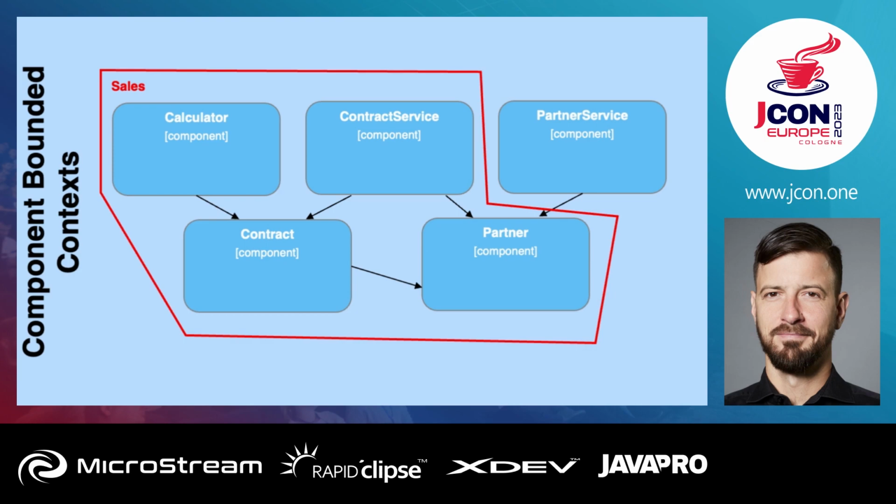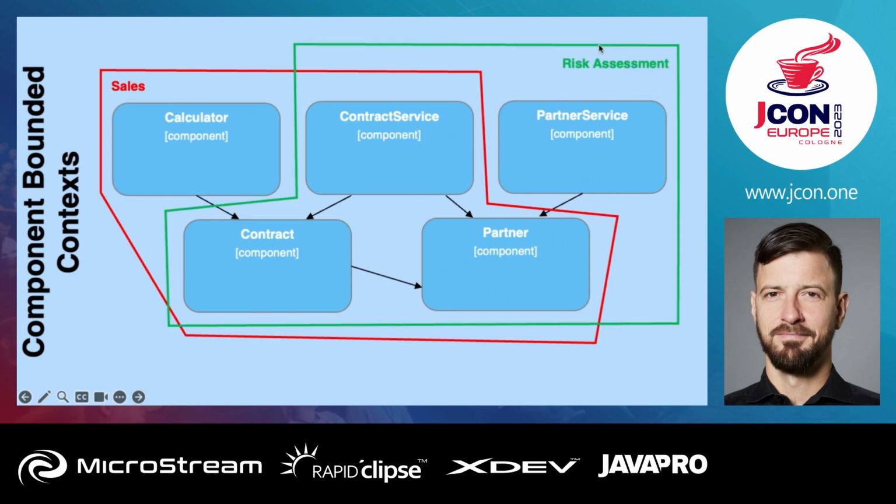If we draw the boundaries for sales into the system, then we will see, well, the sales bounded context will use the calculator and the contract service and the partner. Nearly everything of the system. At least they're not using the partner service. And then let's look at the risk assessment. What does this bounded context need? Yeah, well, that uses the partner service, not the calculator, and all the other stuff. So there's this overlap here.